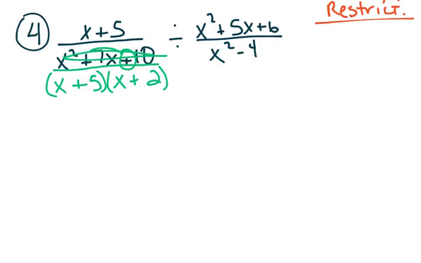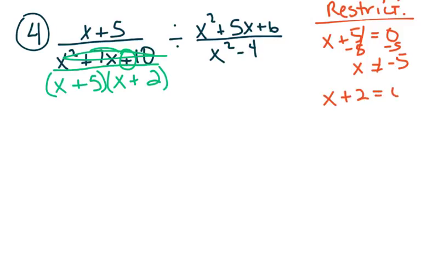Alright, so let's go ahead and find our restrictions. I've got x plus 5 equals 0. Subtract 5 from both sides. I get x cannot equal negative 5. Then I have x plus 2 equals 0.